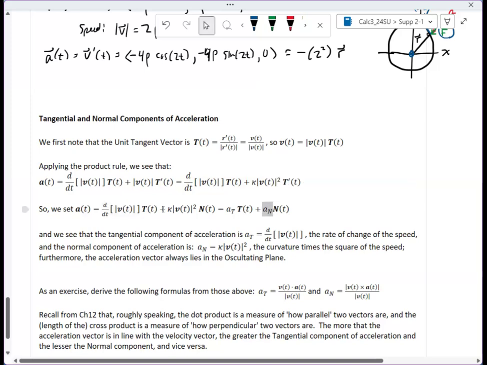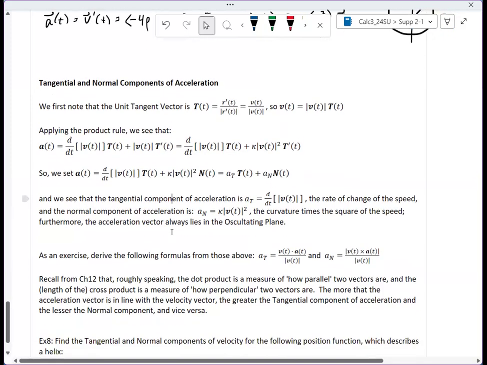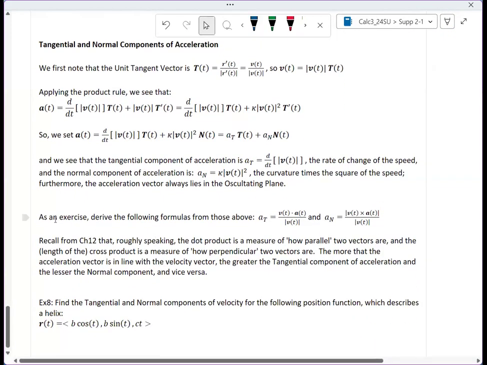The normal component of acceleration is the curvature times the square of the speed. These formulas aren't too terrible, but maybe they seem arbitrary. The tangential component being the change of speed makes some sense, but the normal component maybe doesn't make as much intuitive sense.